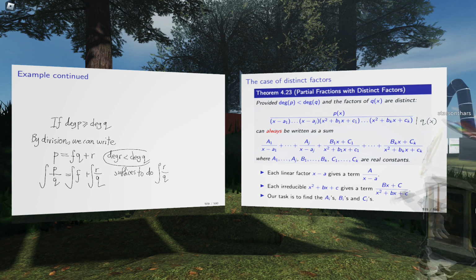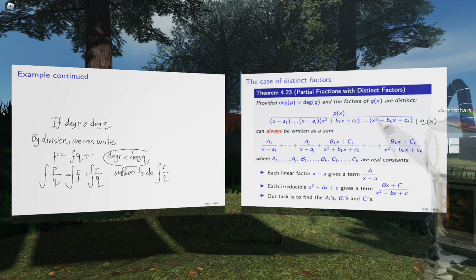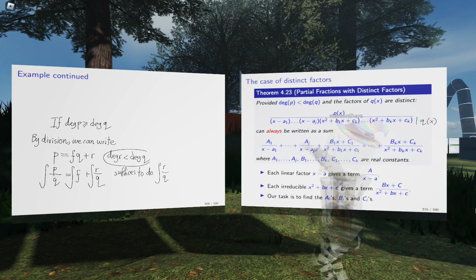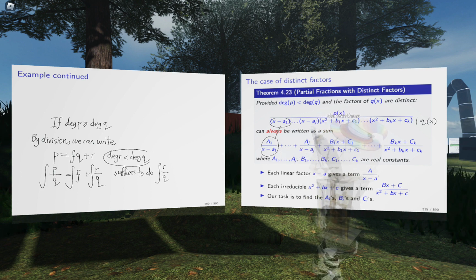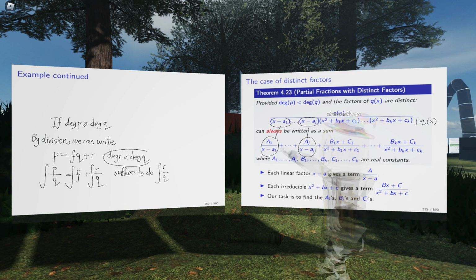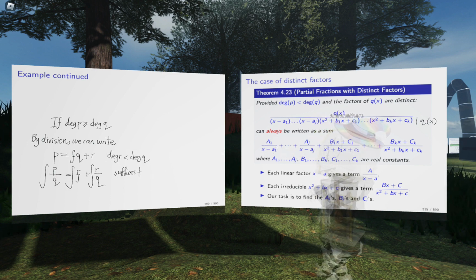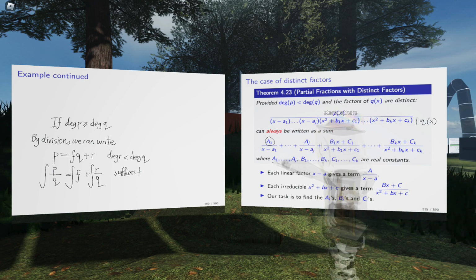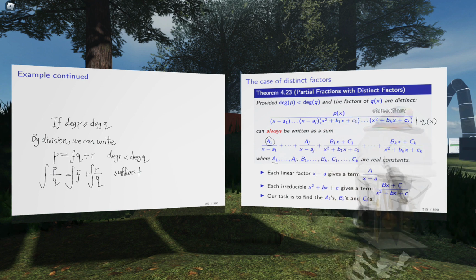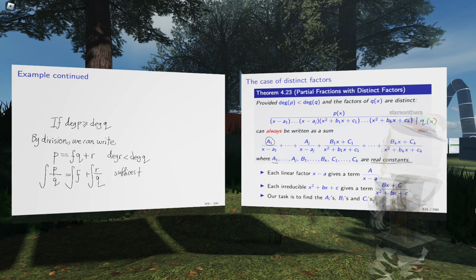The theorem says that any polynomial like this can be written as a sum like this, where for every linear factor in q, you get a summand that looks like this, where this is what you had before, and the A1 is some number. Right? They're real constants, not polynomials.